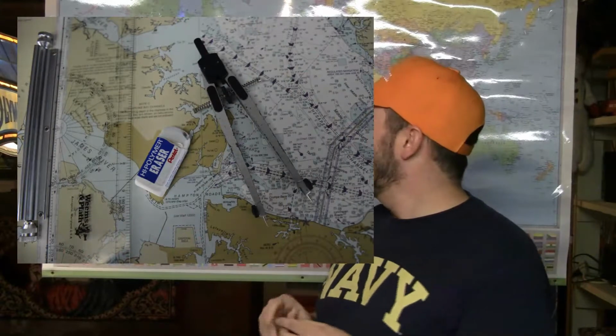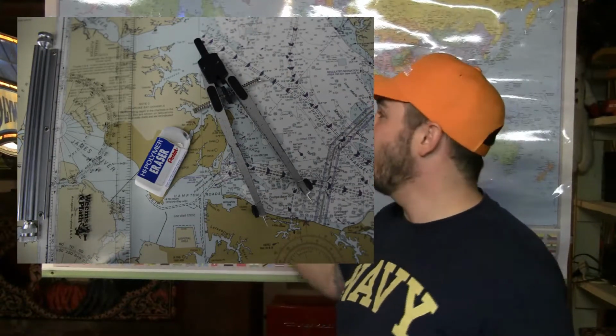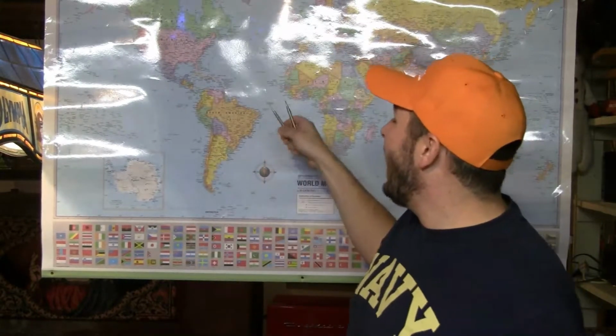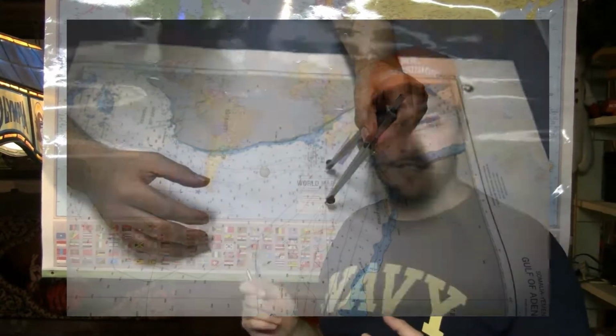Now, it's not always going to be dead on the line, so then you'll use a compass to get the exact measurement off the side and off the bottom of the chart, or the top or the other side, and have it match up exactly where it is. And then X marks the spot.